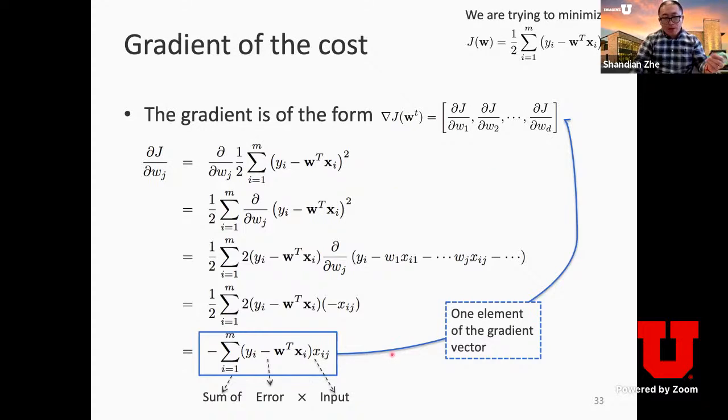And their gradients all share the same error, using the whole model to predict every training example. The difference is which feature they use to multiply with the error.